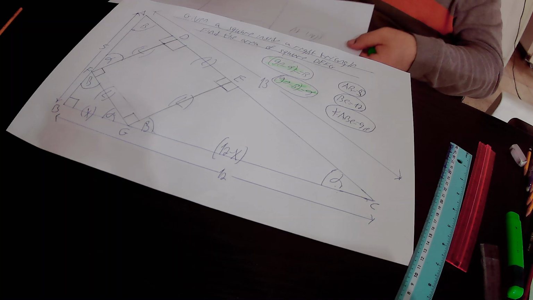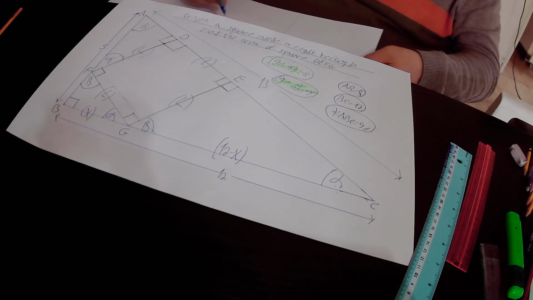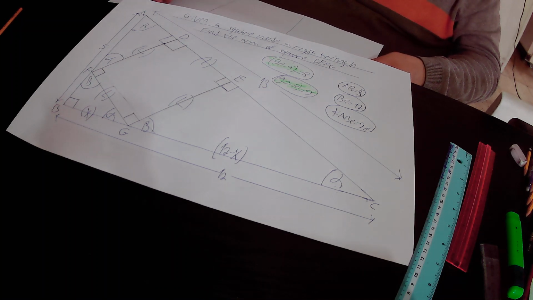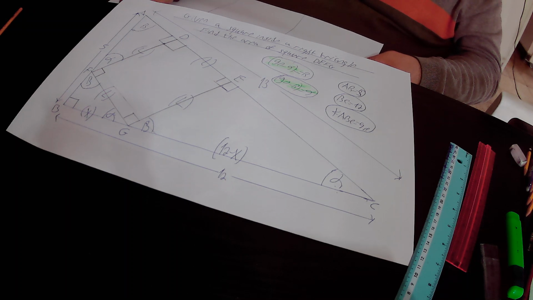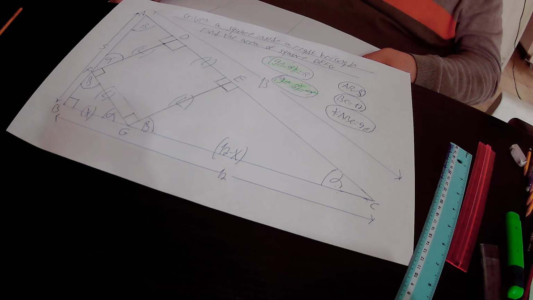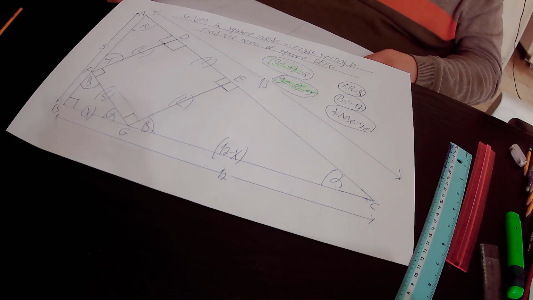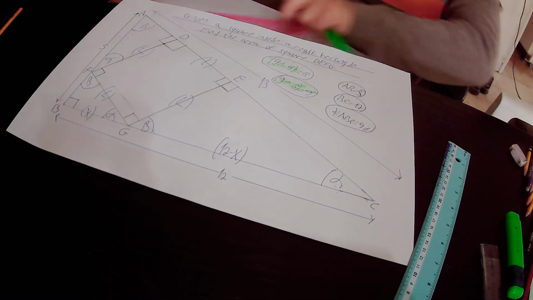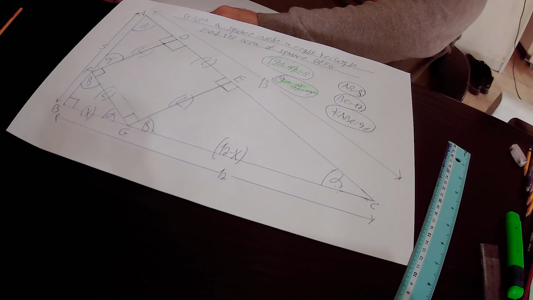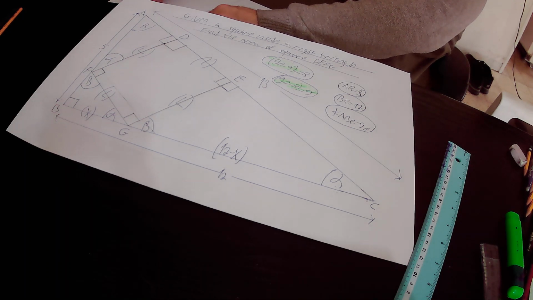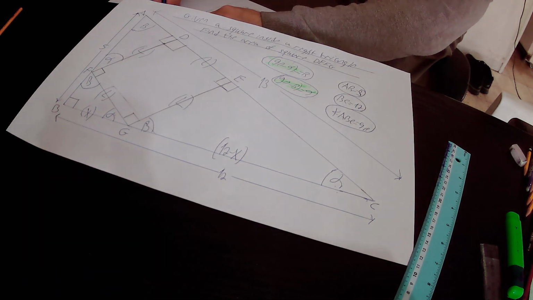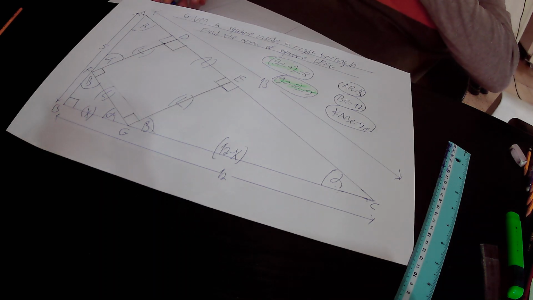So write it down. The right triangle ABC is similar to the right triangle EGC according to the angle similarity rule, and therefore the following relationship exists between the sides of those two similar triangles.